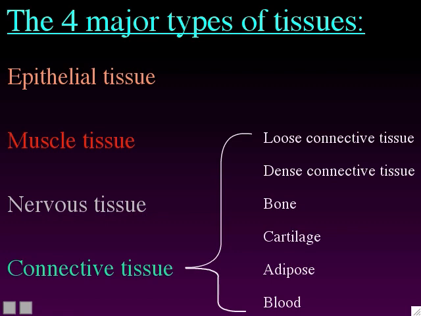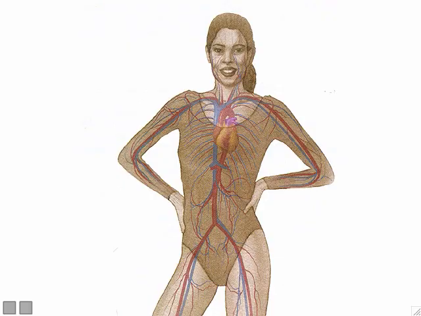So if we look up in the lecture outline, the definition of blood tissue is defined like this: blood is a liquid connective tissue that transports things like nutrients and oxygen and wastes and other molecules throughout the body. So that's the purpose of blood.